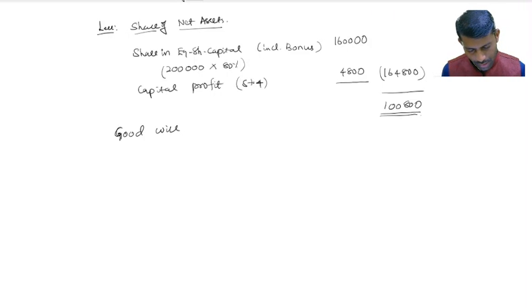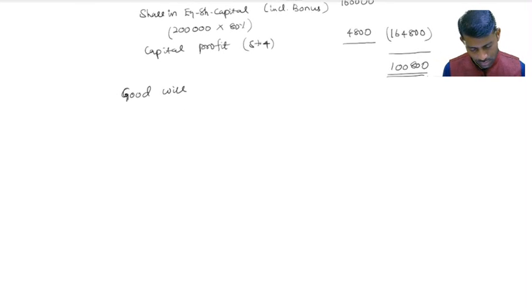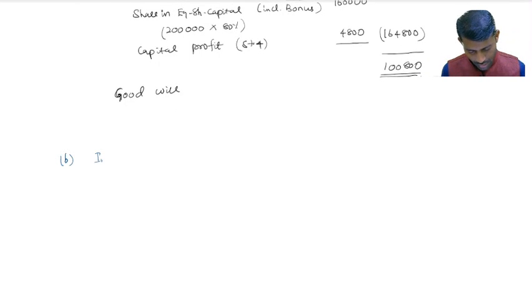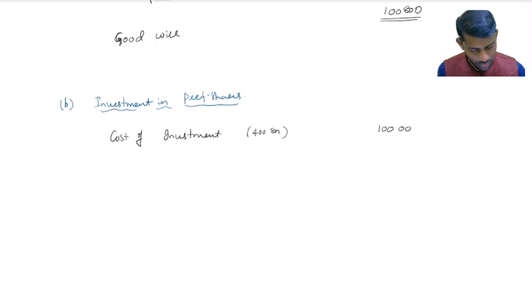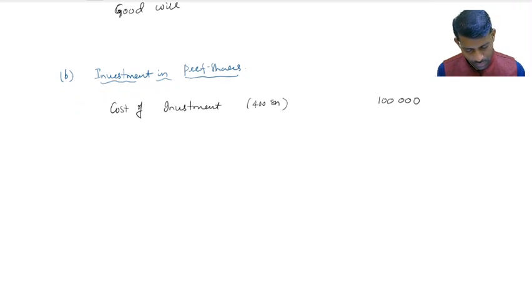Next, B. Investment in preference shares. To start with, the cost of investment: 400 shares, amount is 1 lakh.